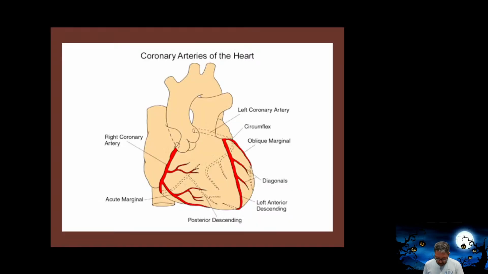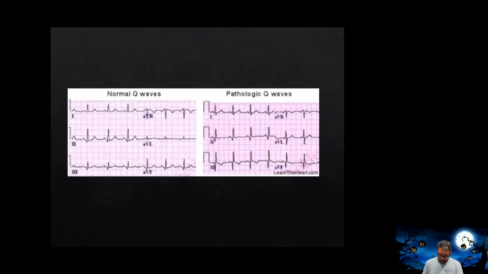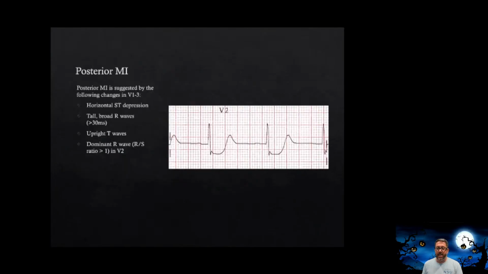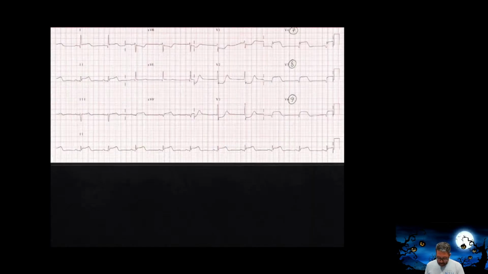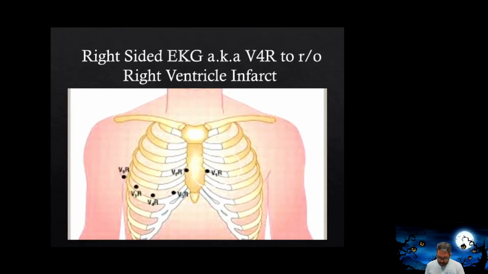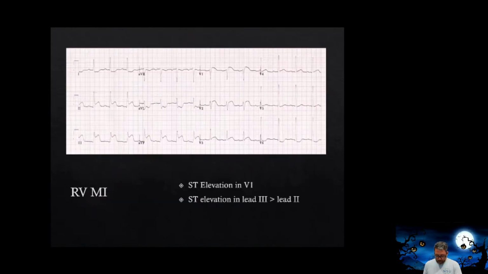When you guys were asking before about STEMI mimics, Sgarbossa criteria, but also make sure you know pericarditis, Brugada syndrome. Those are the ones. Remember RV infarcts, you do that whole V1R, or V4R, you move V4 over this way, pull it over this way, and you look at the right ventricle.